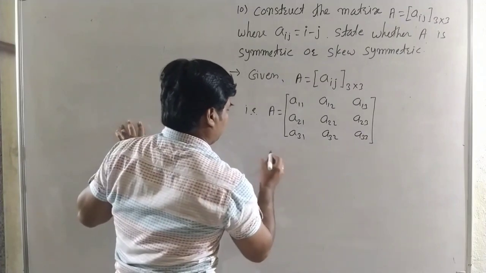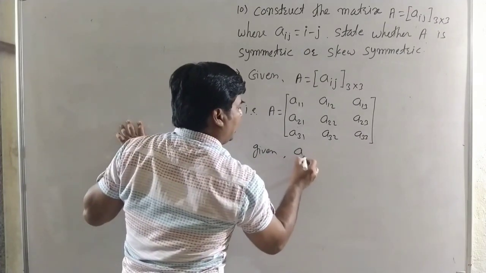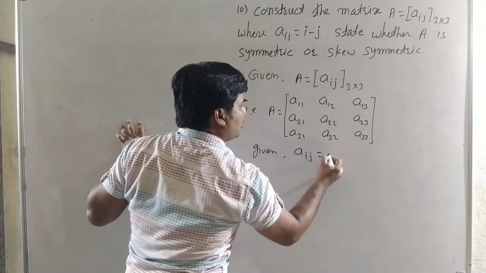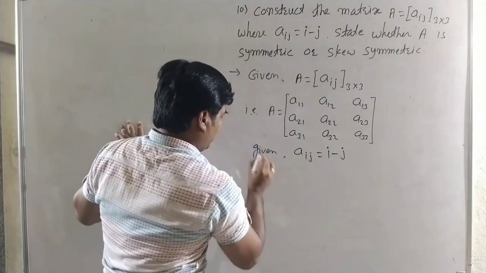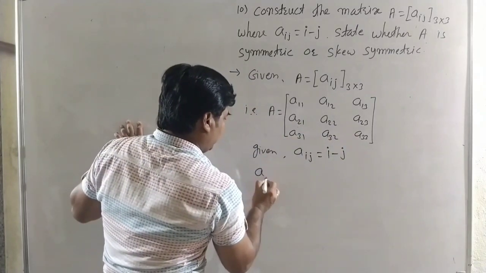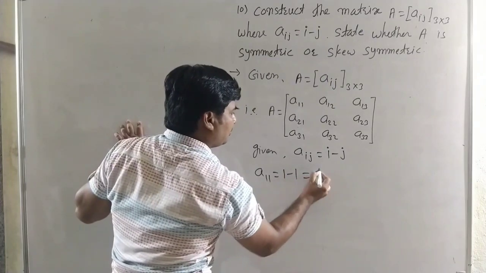Here also given, aij is equal to i minus j. See carefully. Now the first element a11 is 1 minus 1, that means 0.